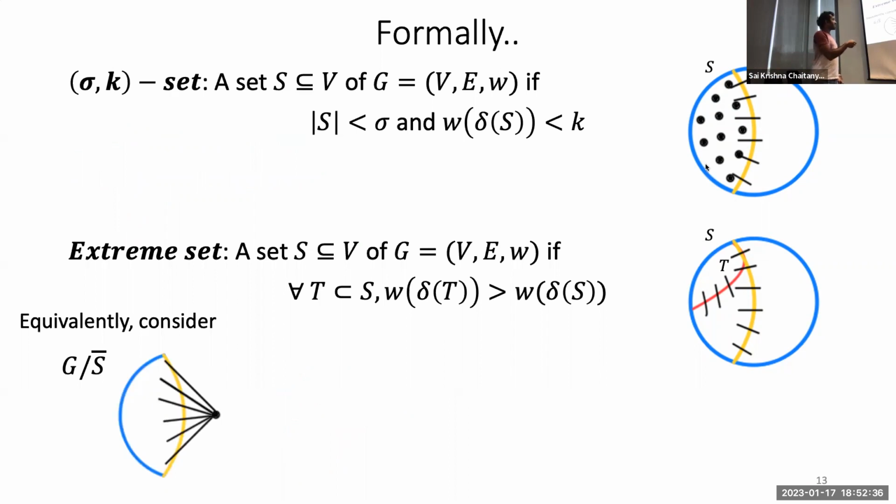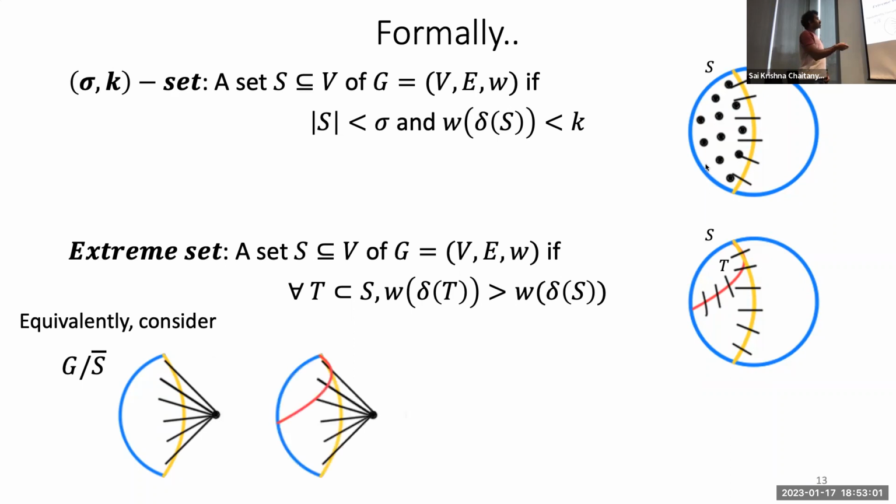Consider this. This is S. So we have this blue yellow line as S, the set on the left side of the yellow line. And we have some cut value for S in this G contracted S bar. So it is basically saying I have contracted the complement of S into this super meta vertex. And these are the edges that belong to the cut of S, but contracted to this meta vertex.